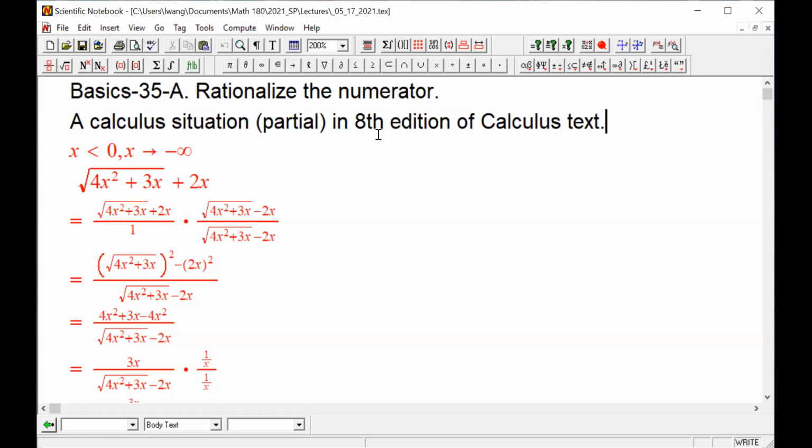I'm going to tell you the section number and the question number, so you believe me. Section 2.6, number 28.